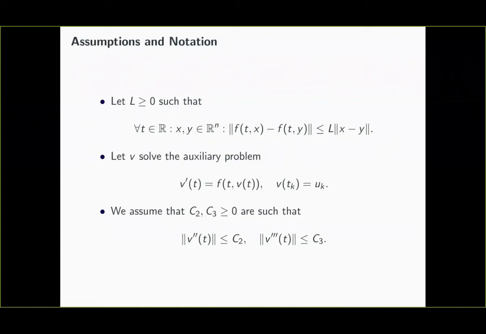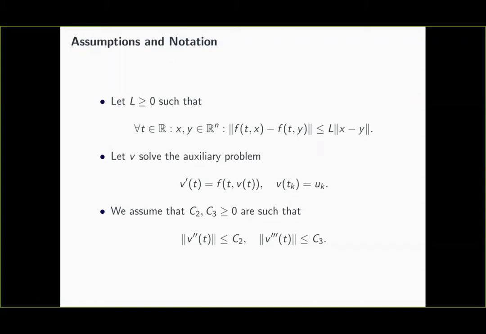That's just how we have done with the definition of the local discretization error. This time we call the solution to this auxiliary problem v. And in all the following calculations, we are comparing v at time t_{k+1} to the approximation u_{k+1} produced by the numerical method.